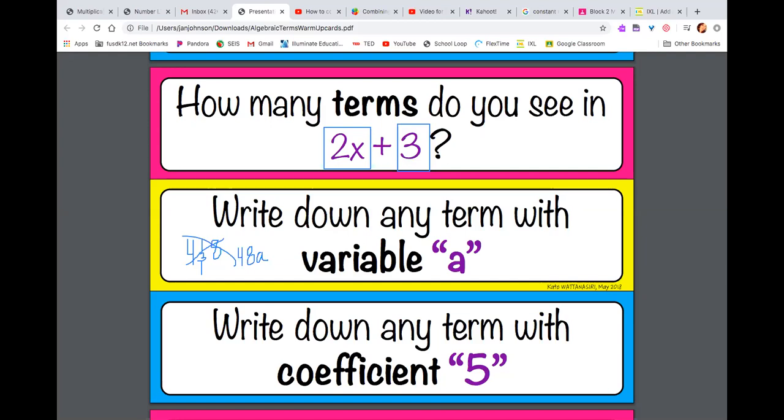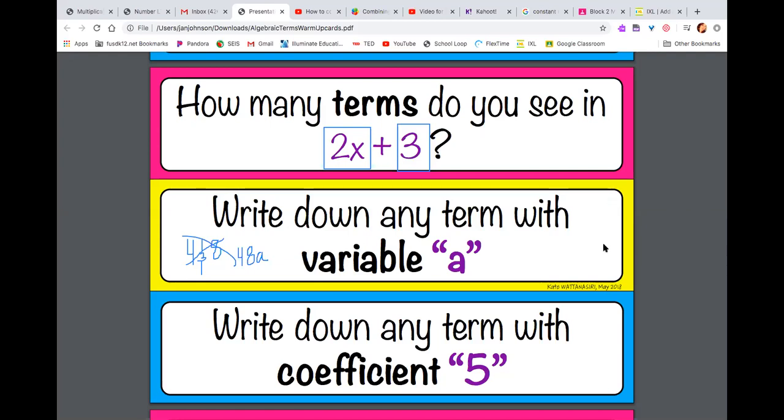How come Perry is not on here? Oh, Perry. He feels like he doesn't need help with math. Really? Oh, okay.